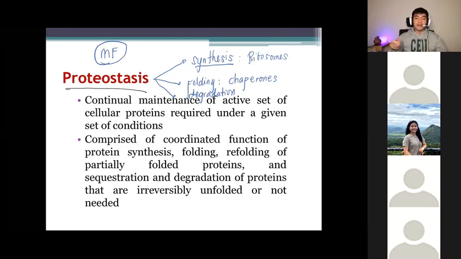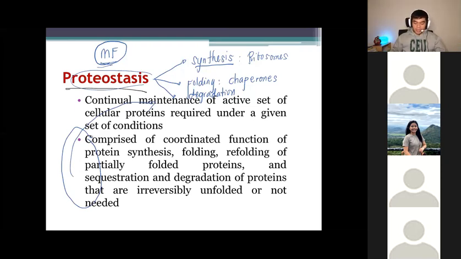Or in other words, magkakasakit siya. So to prevent that, these misfolded proteins have to be sequestered or degraded. Kaya part siya ng proteostasis. So altogether, these are the different processes involved in proteostasis. Ito yung summary niya. Naintindihan yung 3 steps, everybody?